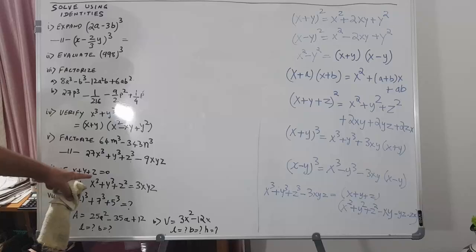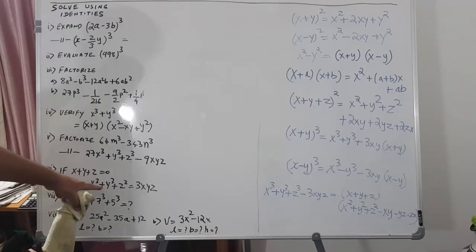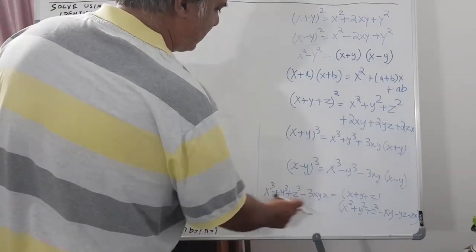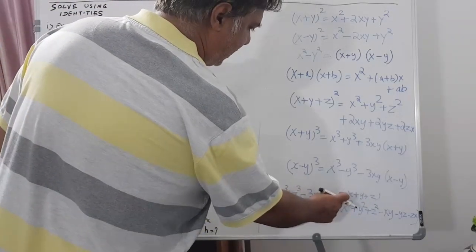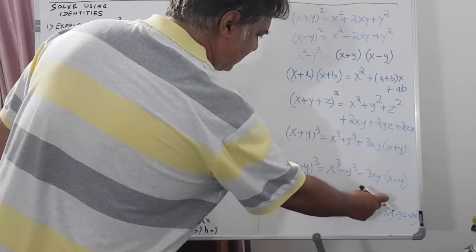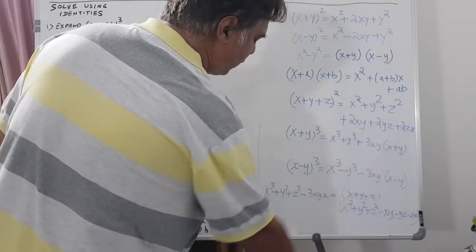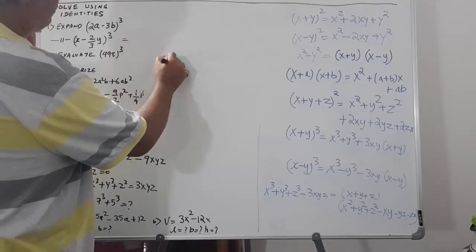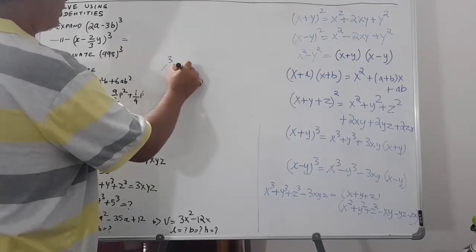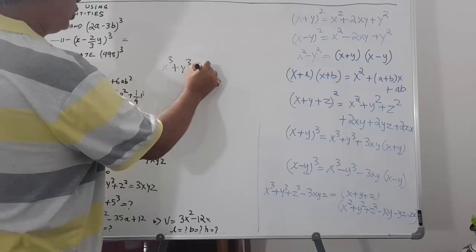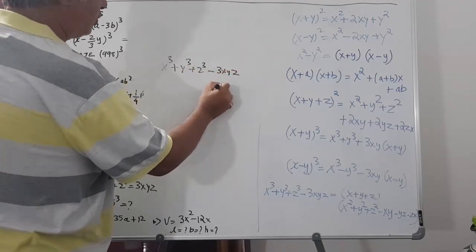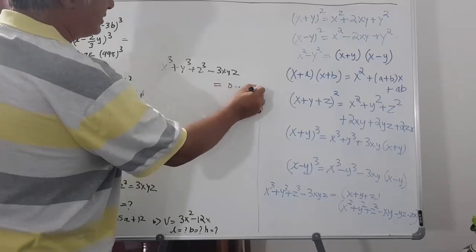So if x plus y plus z is 0, show x cube plus y cube plus z cube is equal to 3xyz. That is readily available from this equation. If I substitute x plus y plus z equal to 0, the whole right hand side will become 0. So we can write x cube plus y cube plus z cube minus 3xyz is equal to 0 into dot dot dot, which is 0, right?